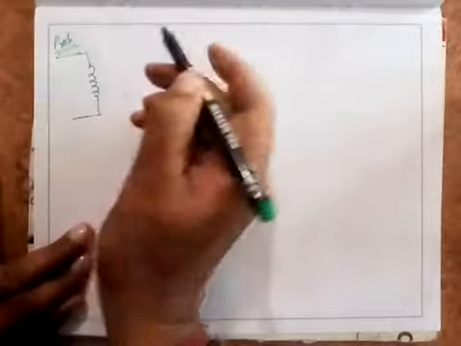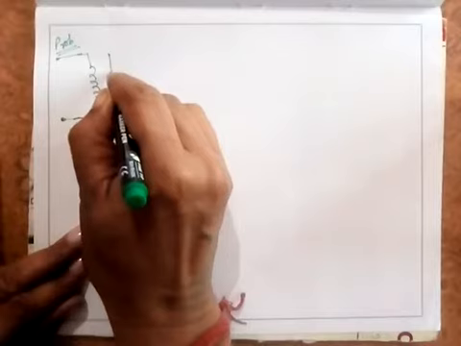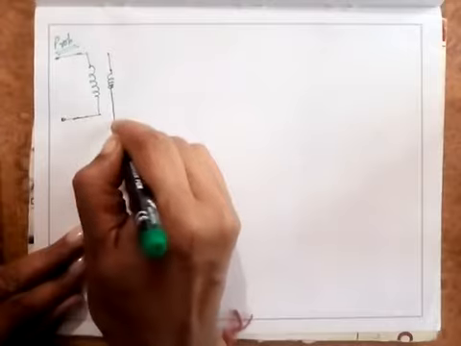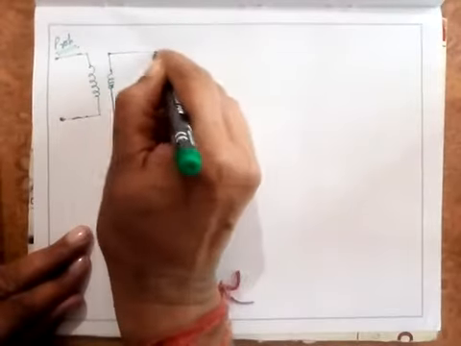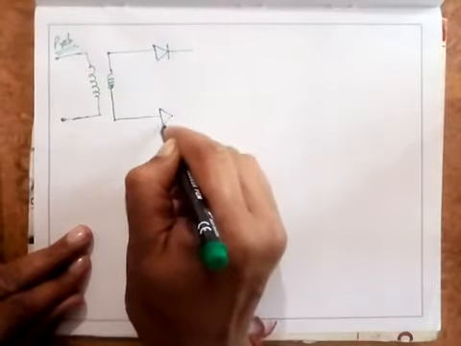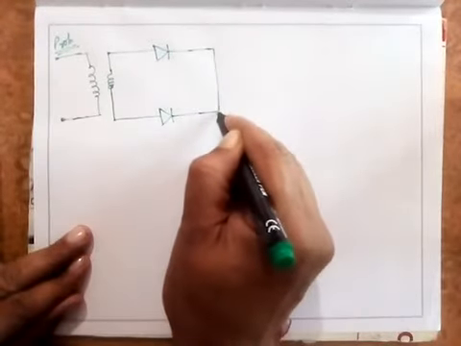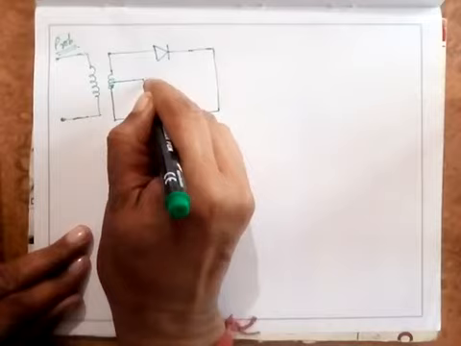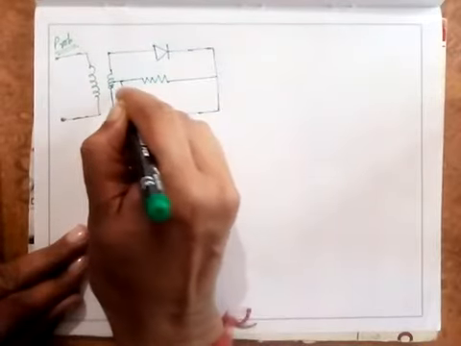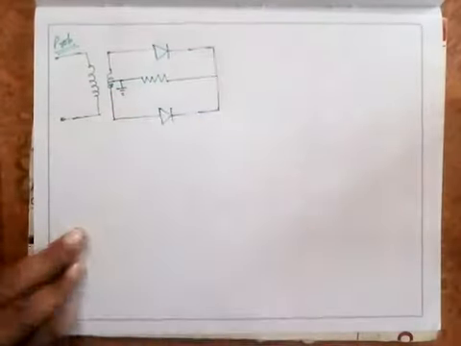An AC signal is applied in the primary of this transformer. It has two diodes, diode D1 and diode D2, and it has been center tapped with a load resistance. Center tap, don't forget to ground this point. So these are the two diodes, and this is the load resistance RL.